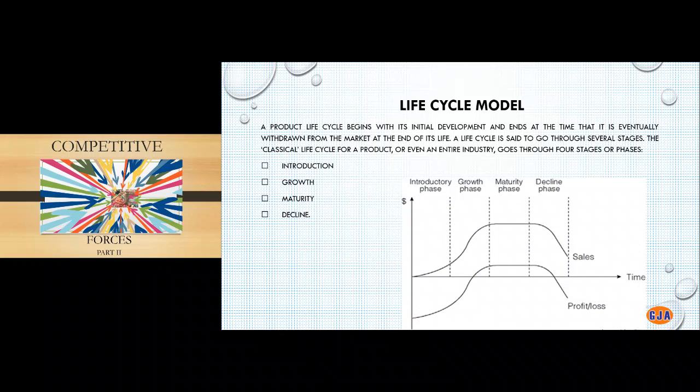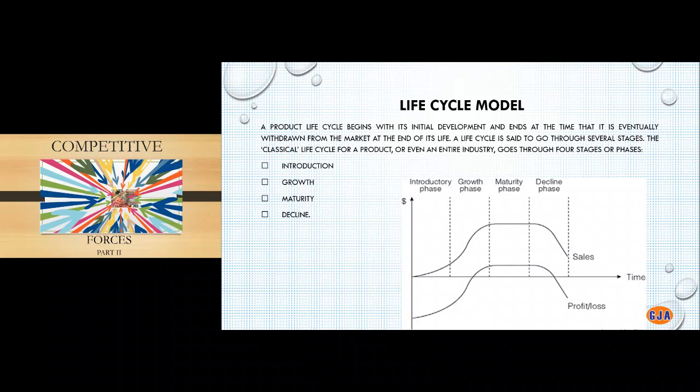Now we are experiencing a bit of profit, and everything is bubbling up in our market. And now we are beginning to attract competition. That is at the growth stage.